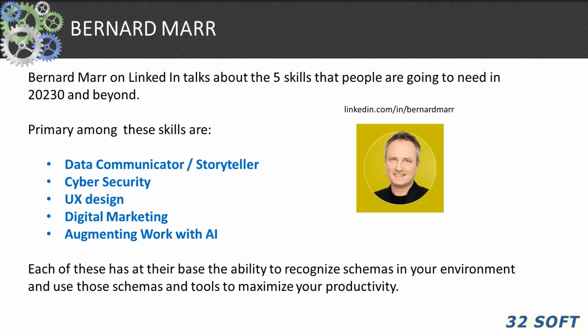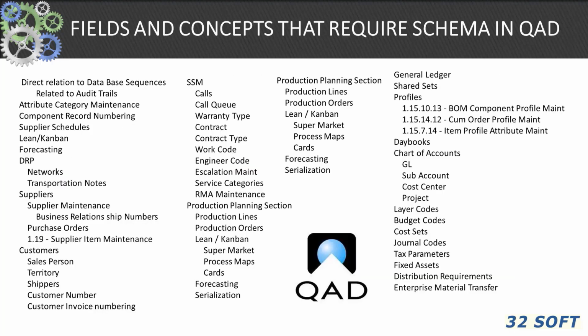Each of these has at its base the ability to recognize schemas in your environment and use those schemas and tools to maximize productivity. I did not have time today to discuss each of the functional areas in QAD that require some thought and identification of schemas in QAD.